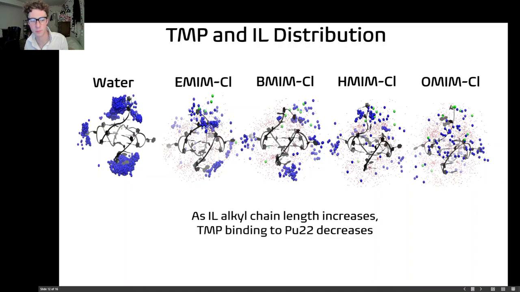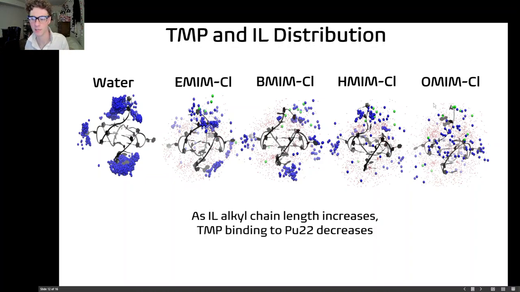Very specifically, we're looking at the top region because that is the primary binding mode for this piece of DNA. And we see that this top binding becomes more and more sparse and more spread out as you increase the hydrophobicity of the ionic liquid.